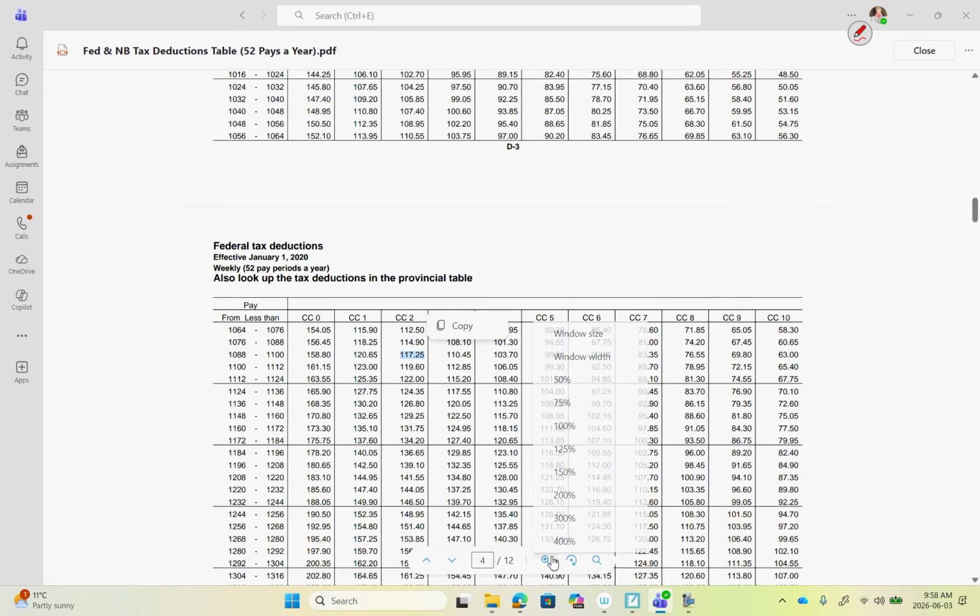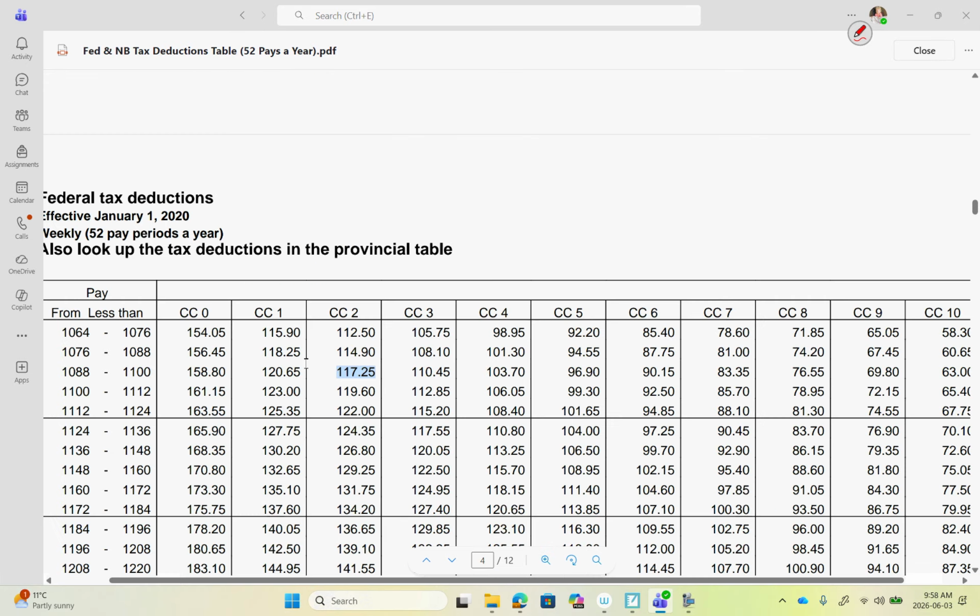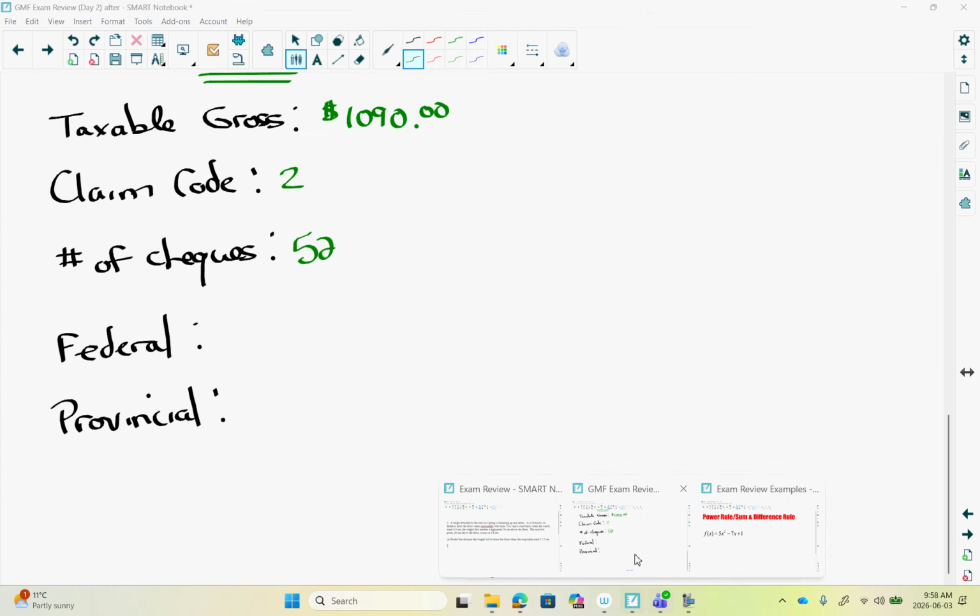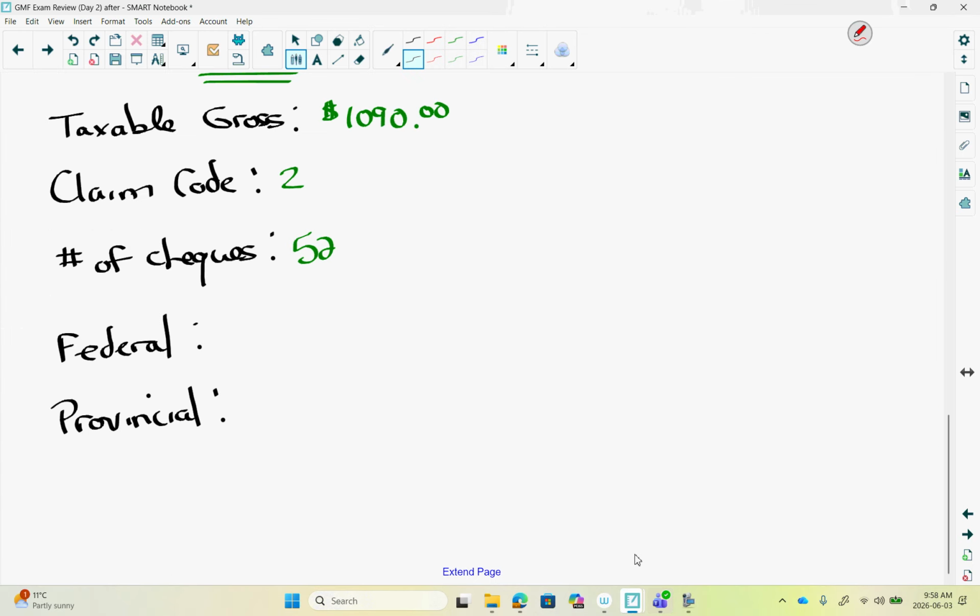I'll zoom that in a little more so you can see it better. $117.25. So let's go back here, and I'll just write down 117.25. That's what they're going to take and give to the federal government off your gross income.